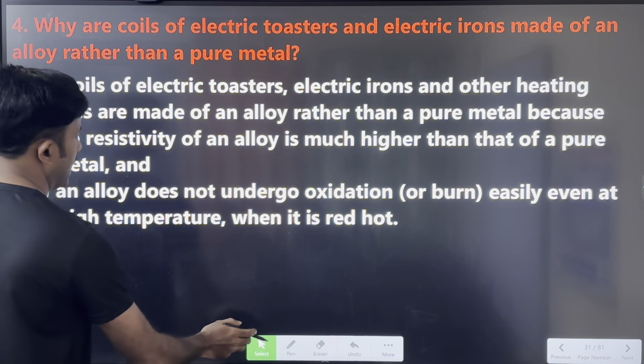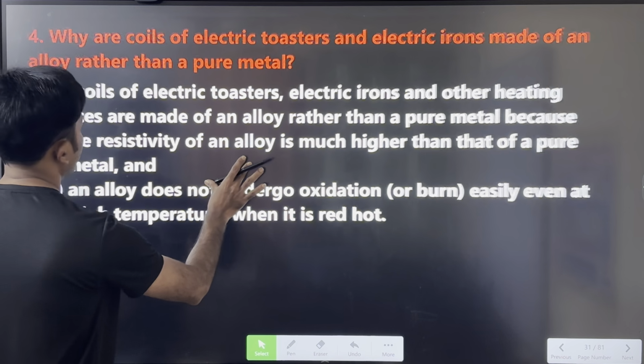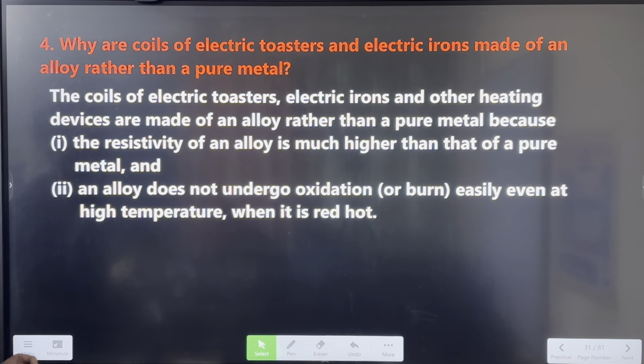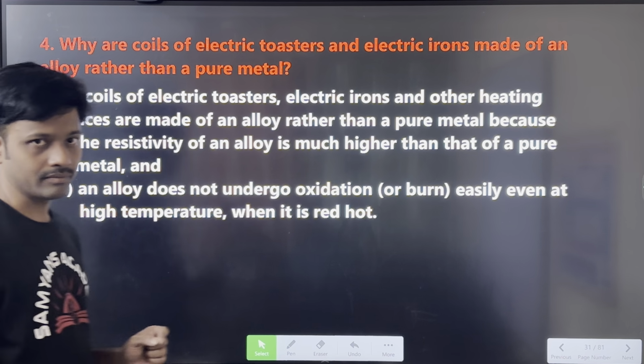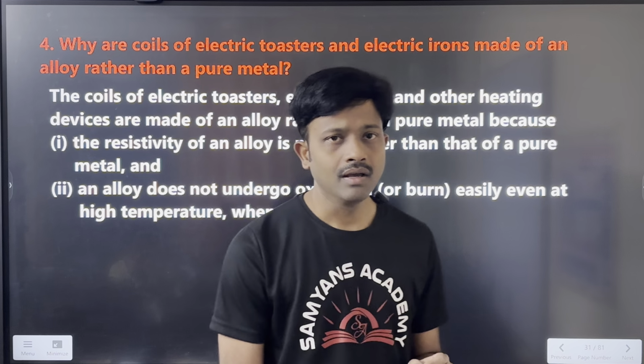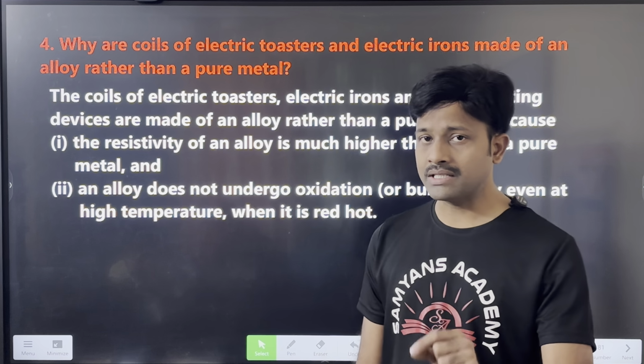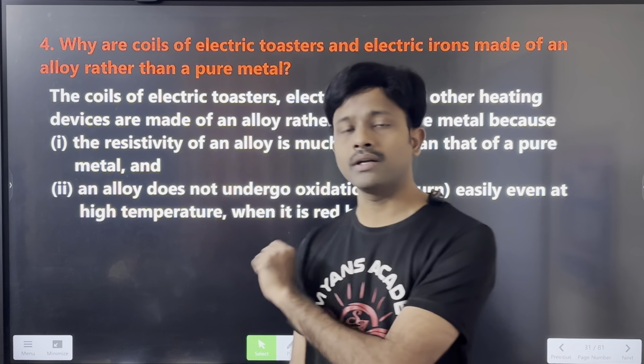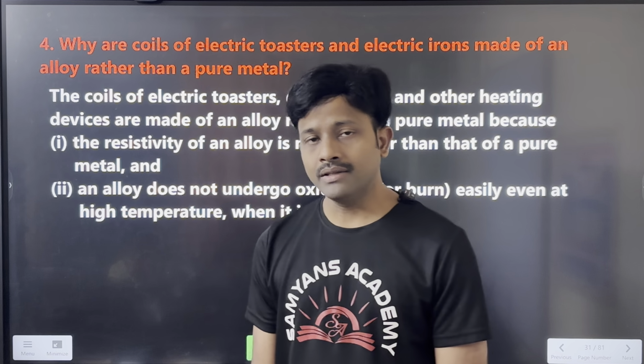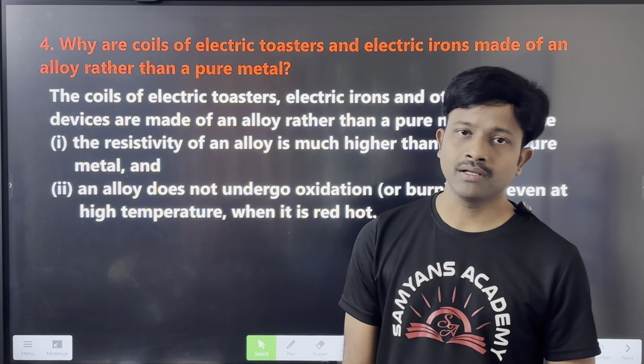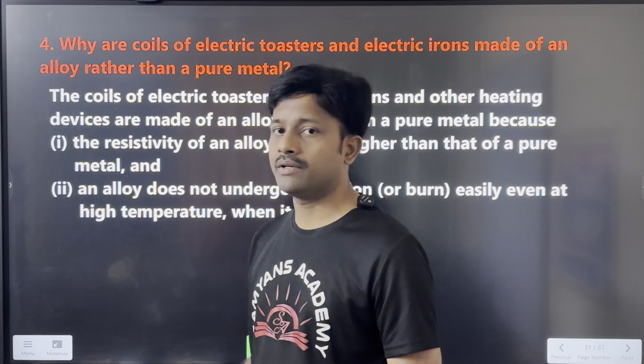Okay. So now we have: why are coils of electric toasters and electric irons made of an alloy rather than a pure metal? Already we discussed, right? Pure metal has low resistivity value, acts as a good conductor. When this metal is mixed with another metal, it gives an alloy.